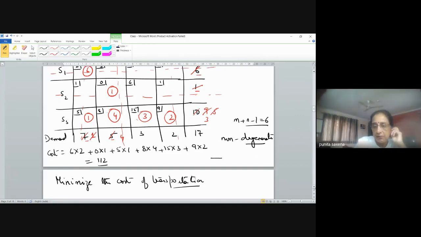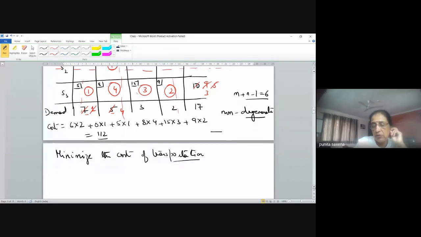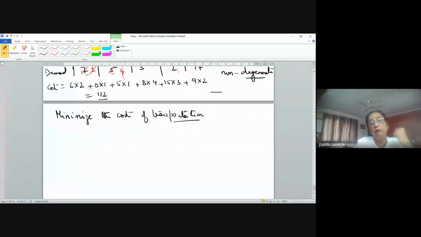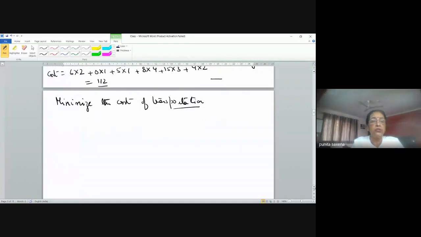But then Vogel was another mathematician who said we can talk of another method which is giving you a better solution and which will lead you to an optimal solution in even less number of steps compared to the least cost method. So that's why the third method that we talk of is called the Vogel's approximation method.